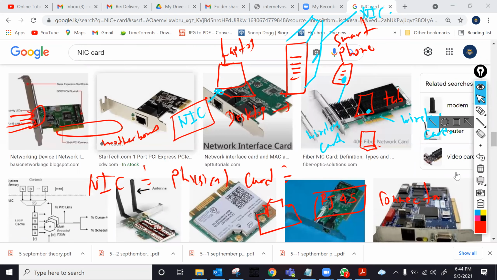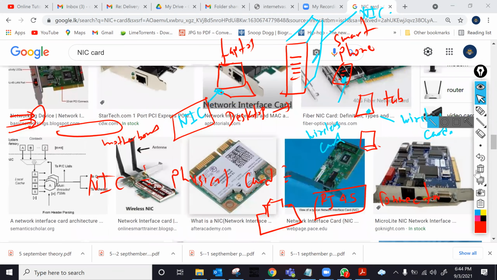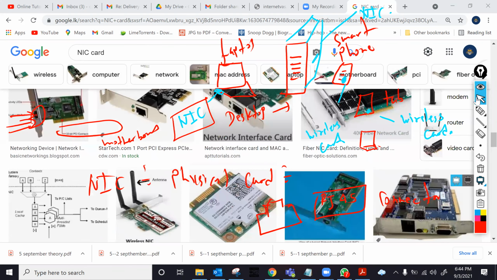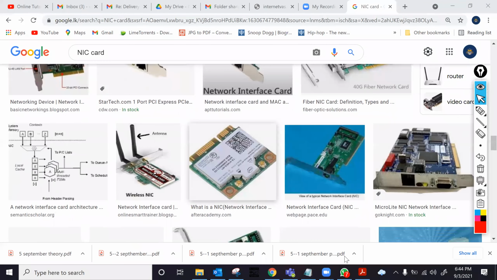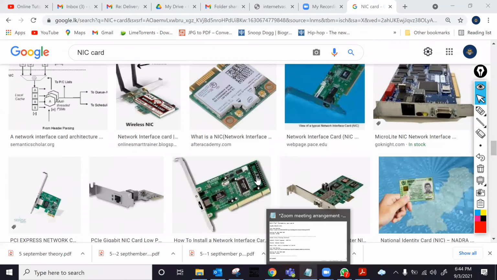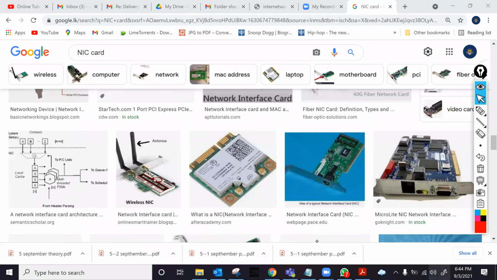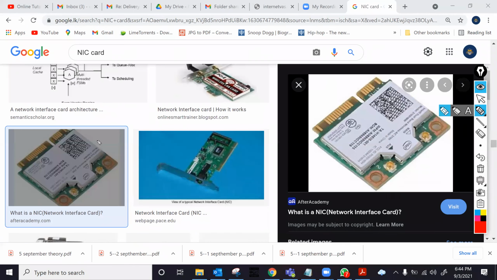And here you can see this wireless card. Now a laptop has this. This card is fixed into the motherboard. This is called a wireless chip.